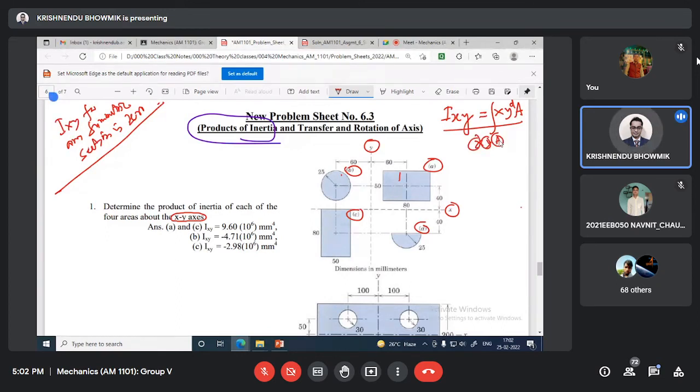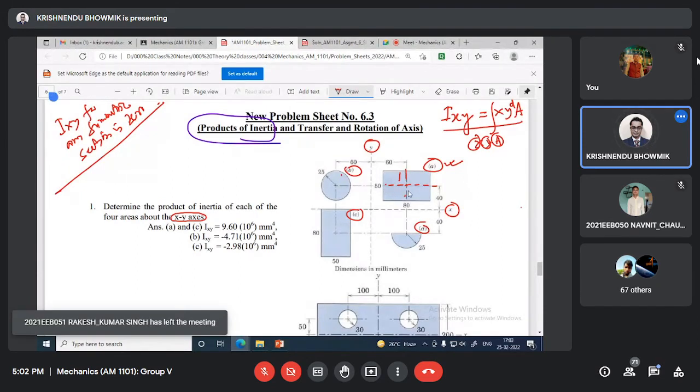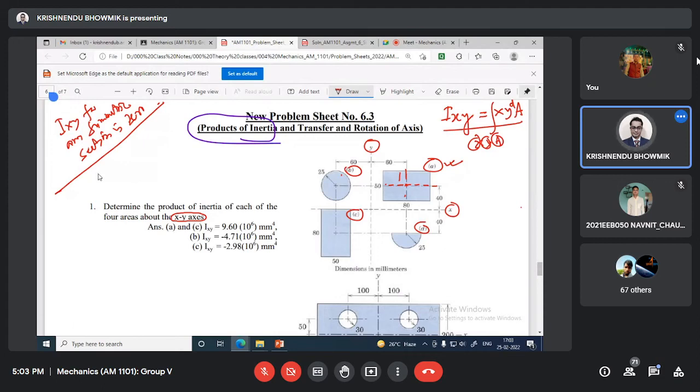Now say section 1, section A. With respect to this centroid, it has symmetry, is it not? There are two symmetry axes. So with respect to this point, IXY will be 0.